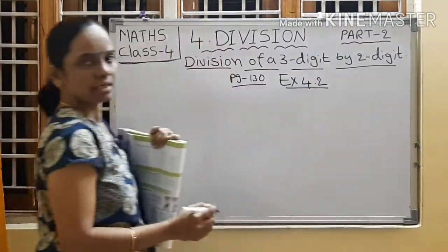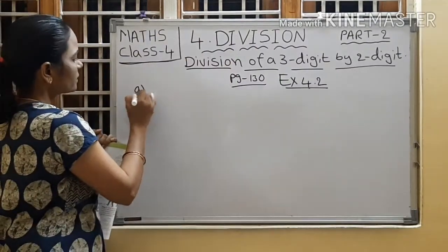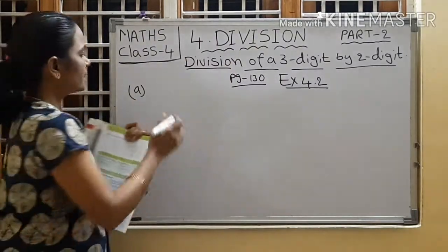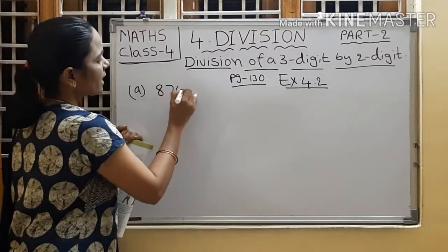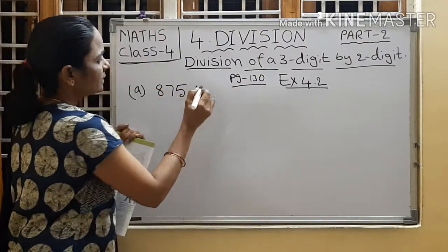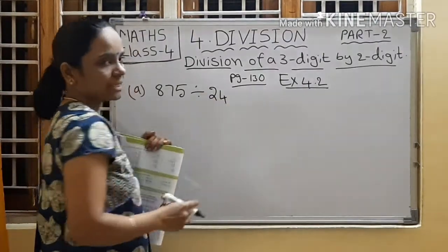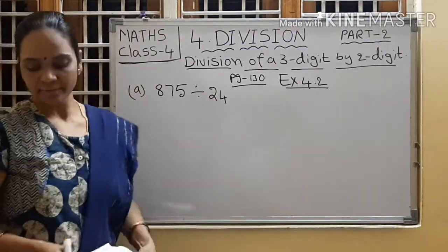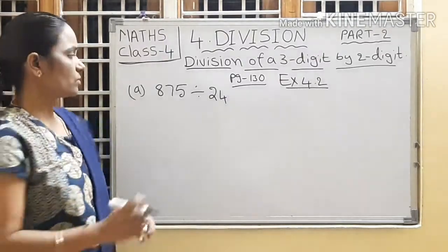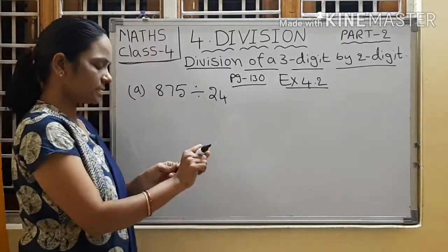I want to take some divisions. 875 divided by 24. So how to solve this long division? We will see.